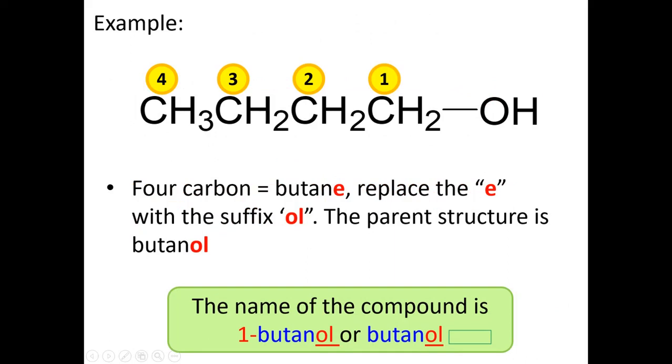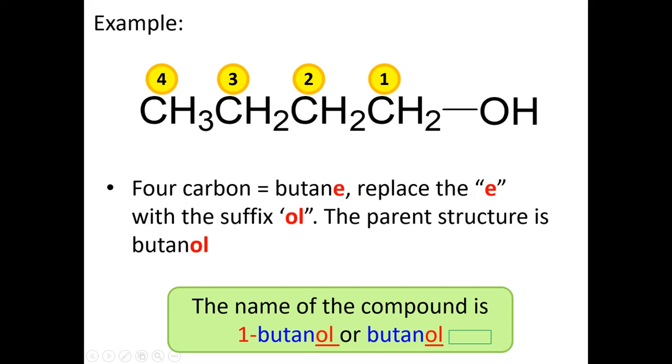For example here, you need to find the longest parent chain. How many carbons are in the longest parent chain here? You have 1, 2, 3 and 4.